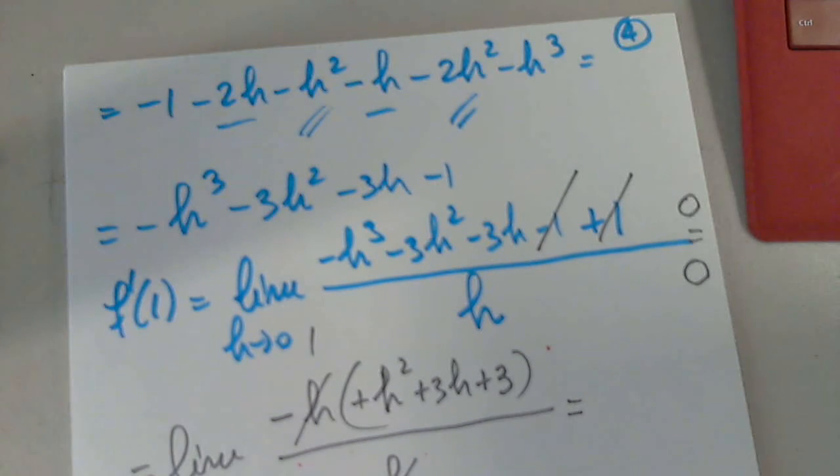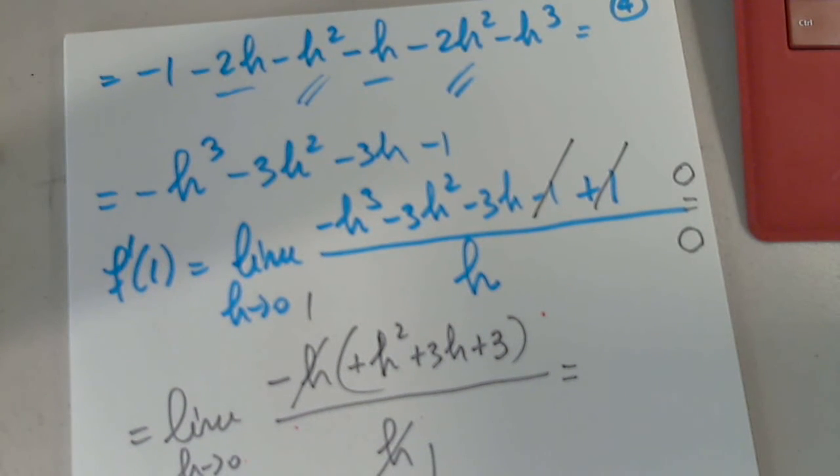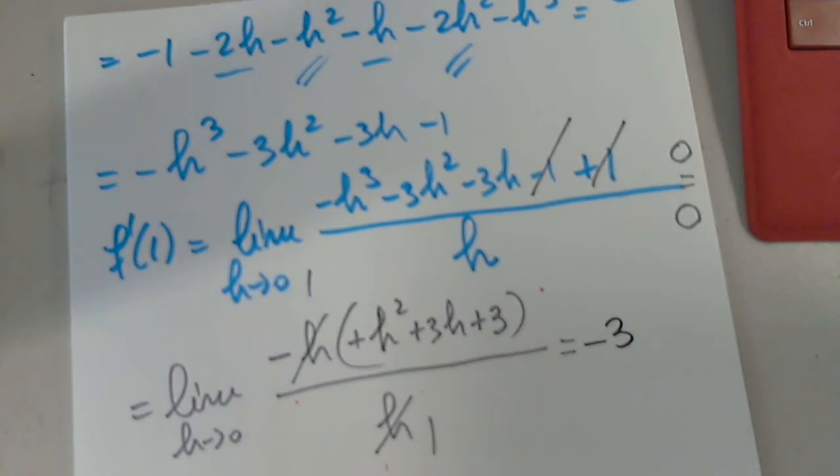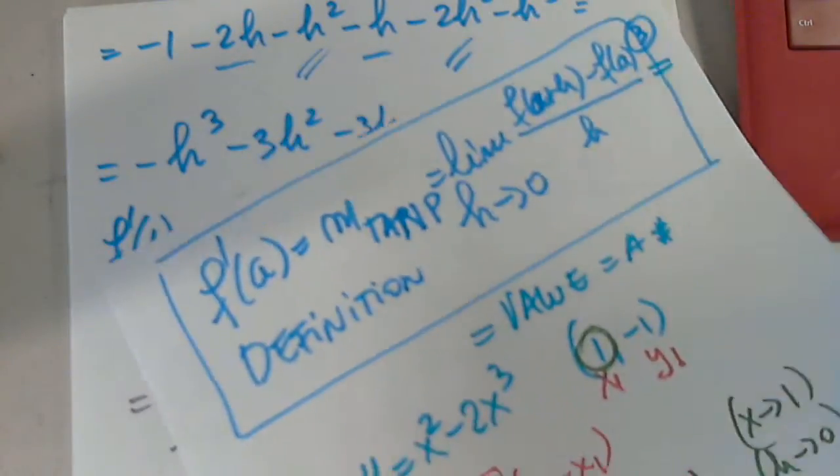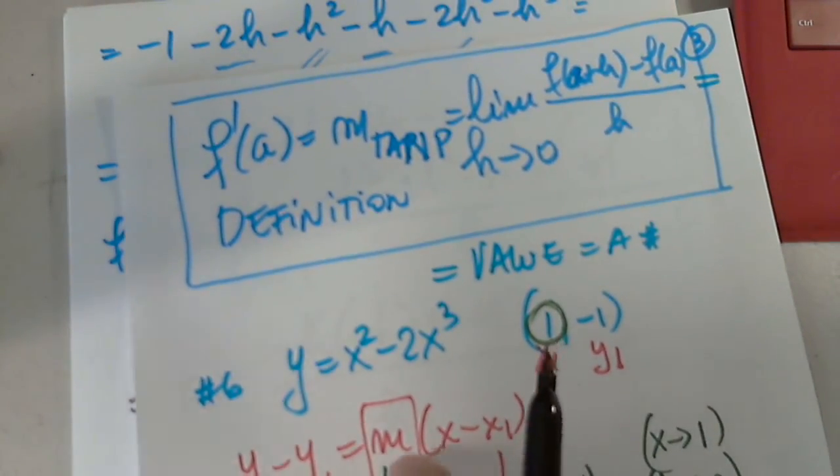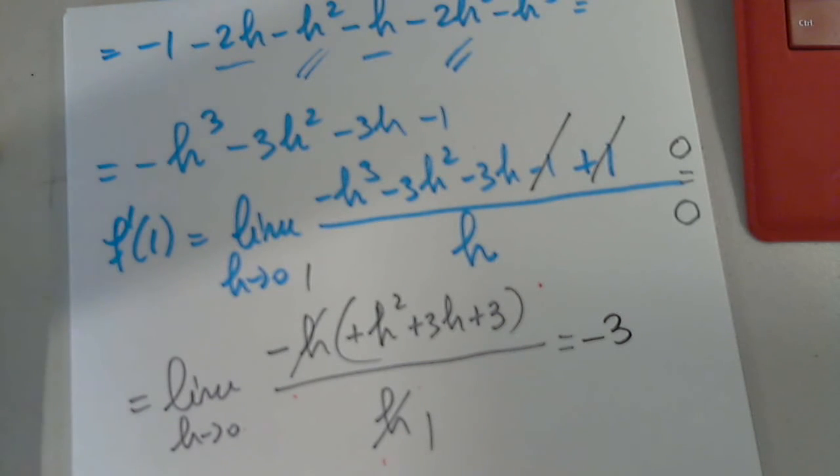So the answer is, can anyone give us the answer? Negative 3. Excellent. We go back. We plug in here negative 3. So then y plus 1 equals negative 3x minus 1.